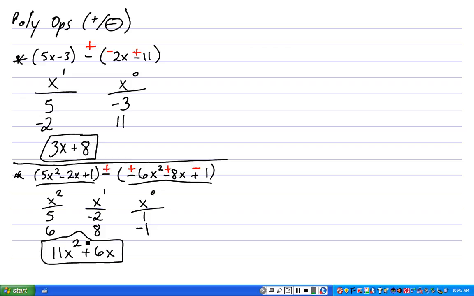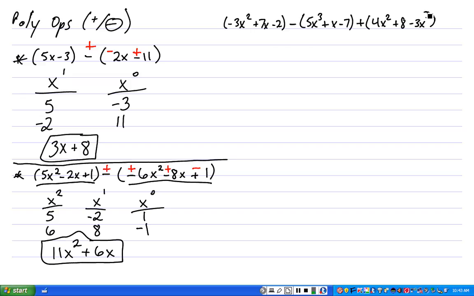Let's go with, we want to try, negative 3x squared plus 7x minus 2, minus 5x to the third plus x minus 7, plus 4x squared plus 8, minus 3x to the third.